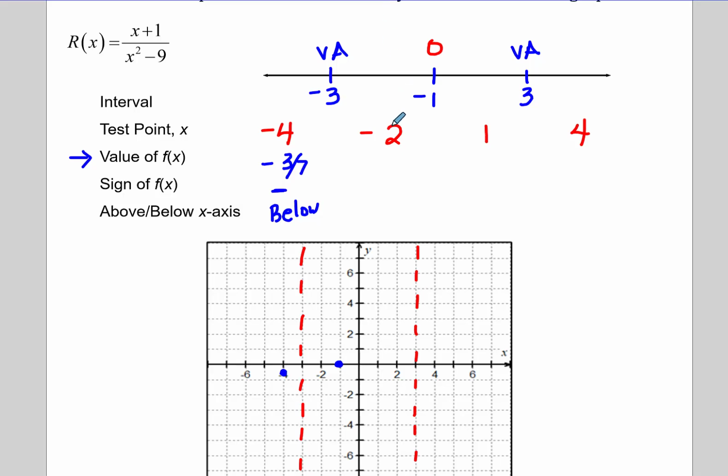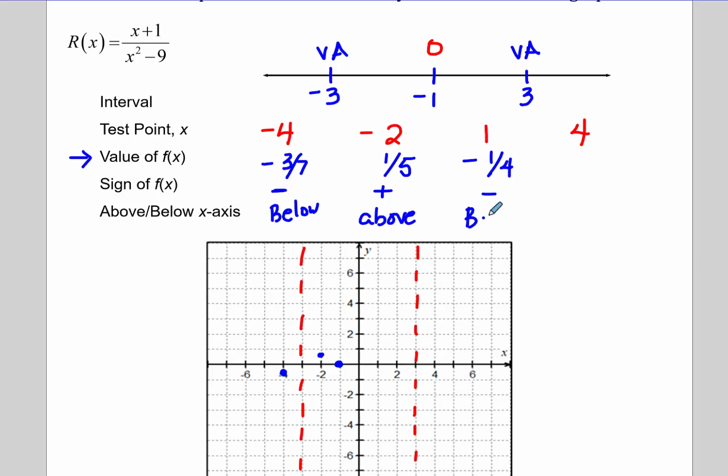And then doing the same thing at -2, if we substitute -2 into the function, we end up with +1/5. So when the sign of the y value is positive, the graph would be above the x-axis. When x is -2, we're hovering really close here. Continuing on, if you substitute 1 in there, we're going to end up with a -1/4, which is a negative y value.